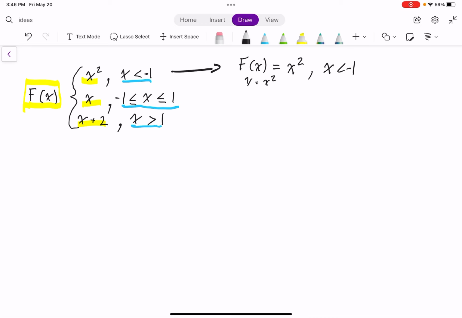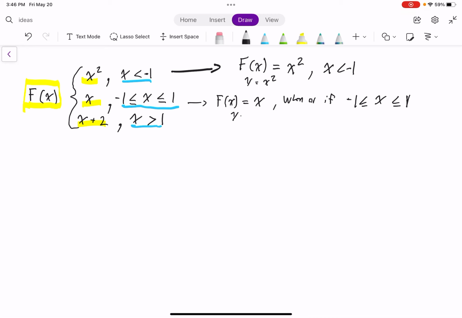The next one is f at x equals x if x is between or equal to -1 and +1.